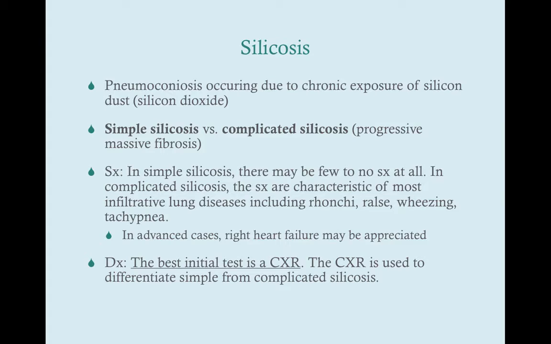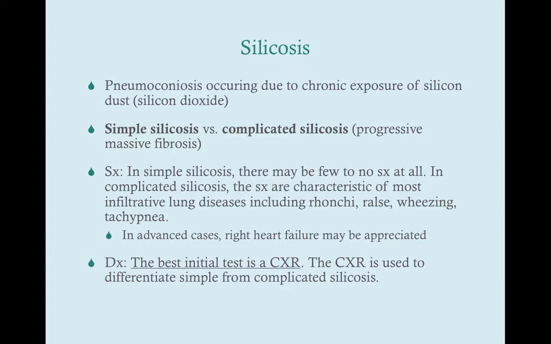In complicated silicosis, however, the characteristics of infiltrative lung diseases are quite prominent. You'll hear rhonchi and rales and wheezing on auscultation. And a lot of these patients will have tachypnea and will complain of shortness of breath. In advanced cases, because this causes a fibrotic change of the lungs, it does result in pulmonary hypertension, and that can lead to right heart failure.